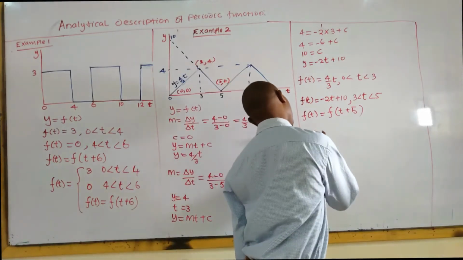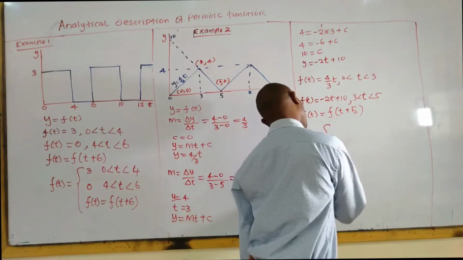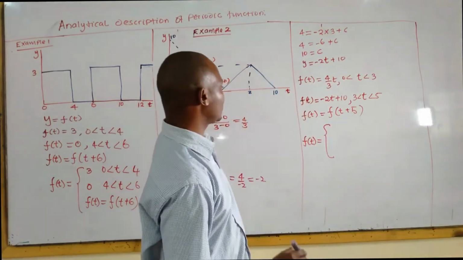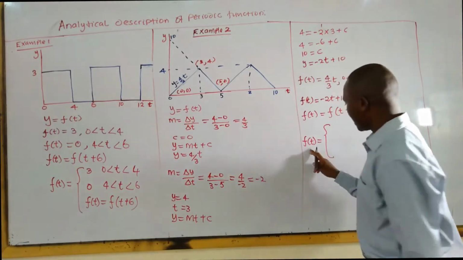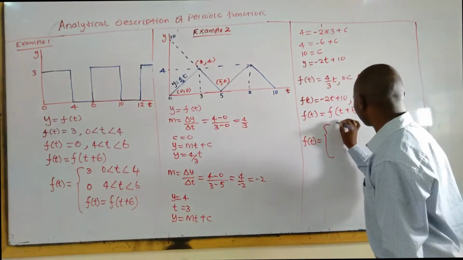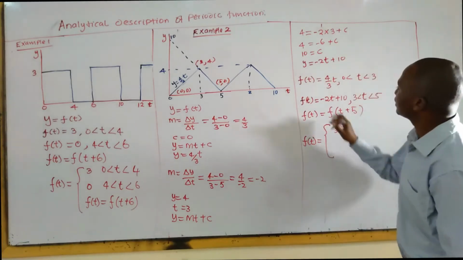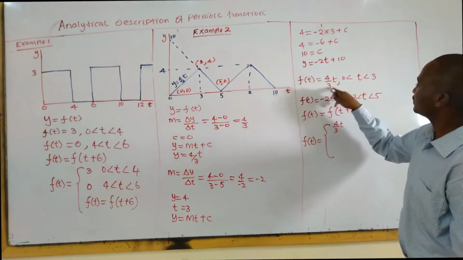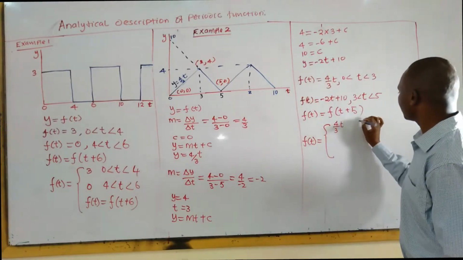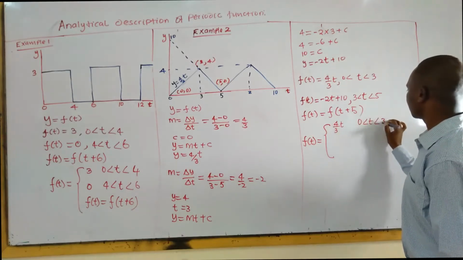Summarizing the information, we say function of time f of t is equal to 4t all over 3 for t lies between 0 and 3.